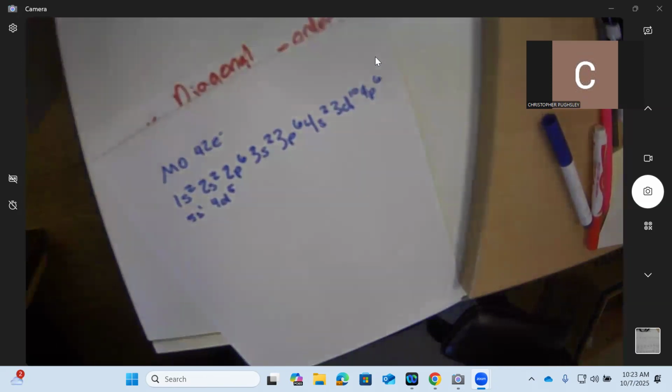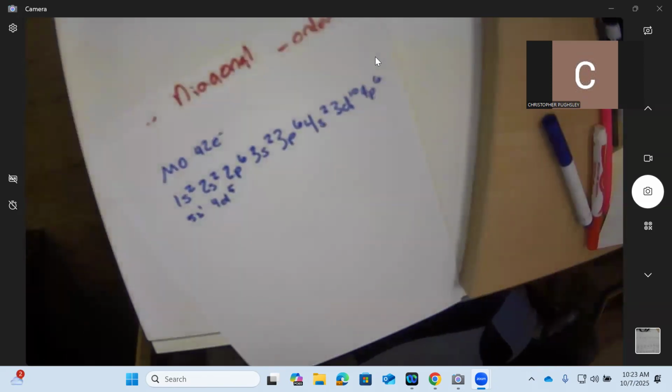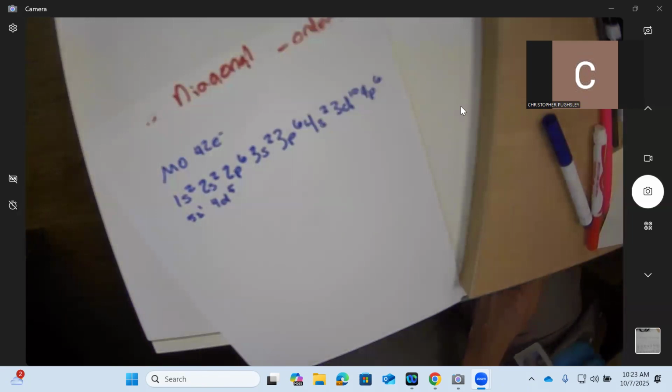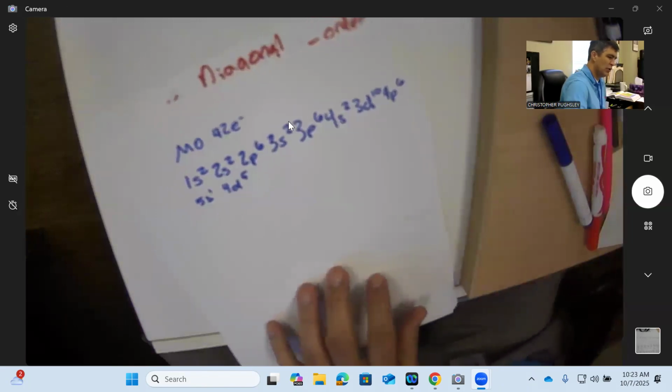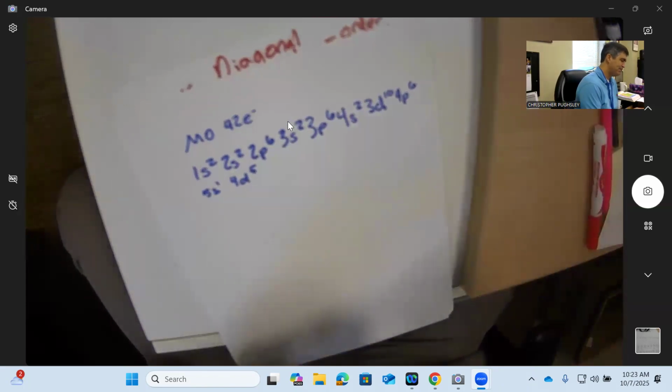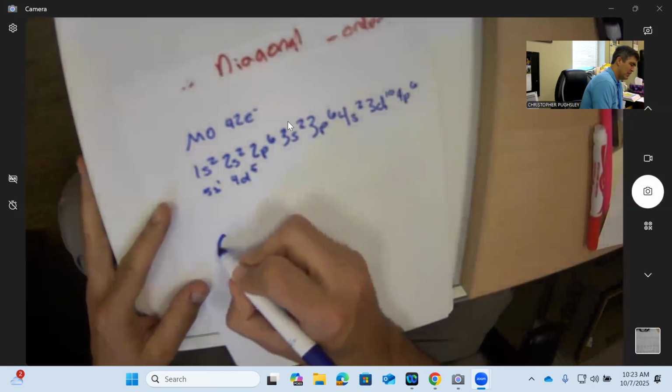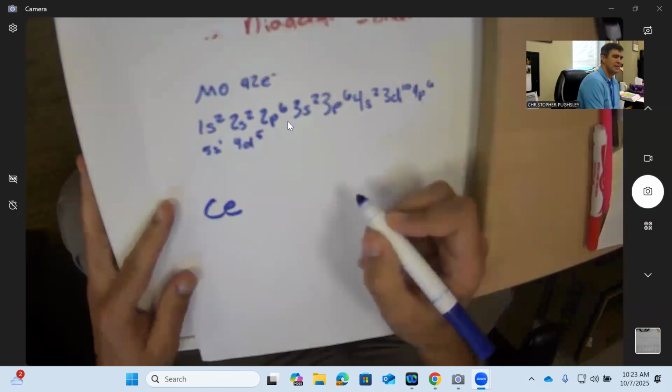All right, we're going to amp it up. We got another one that we're going to do. And what we're going to amp it up to this time is cerium.